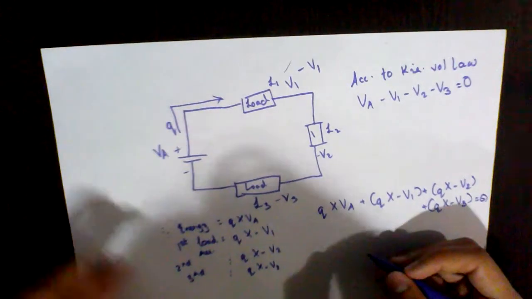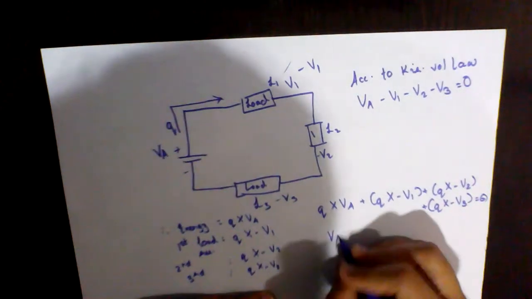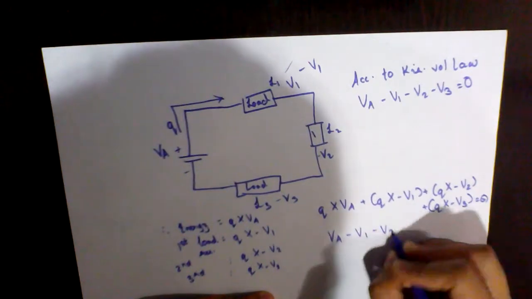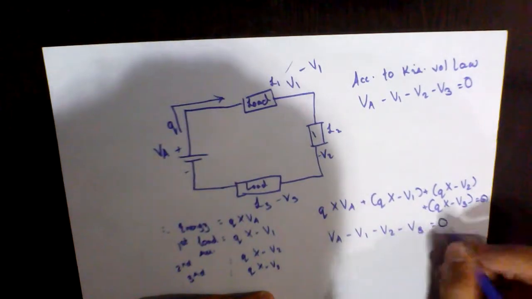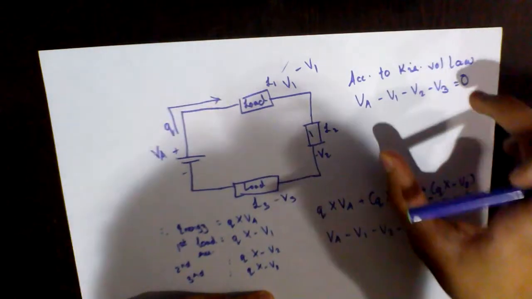Now we divide the equation by Q. What do we get? VA minus V1 minus V2 minus V3 is equal to 0. And this is what the law is. This is Kirchhoff's law.